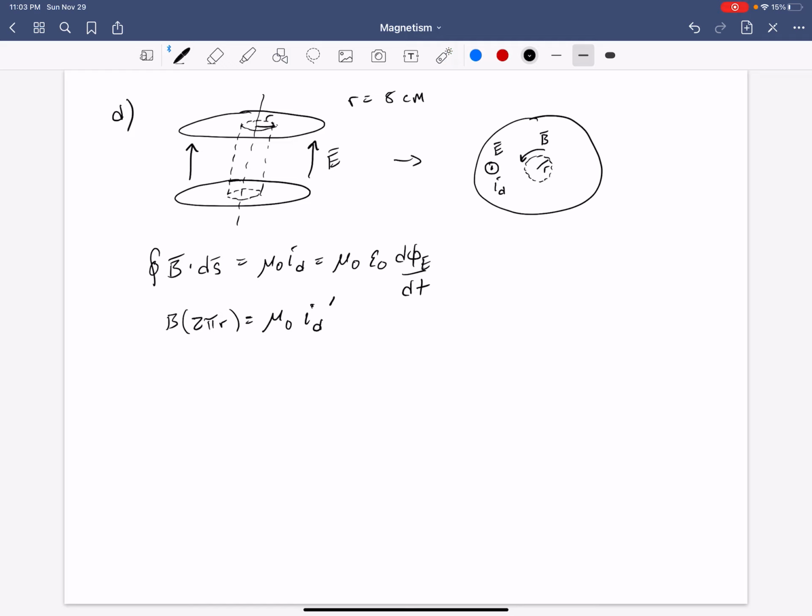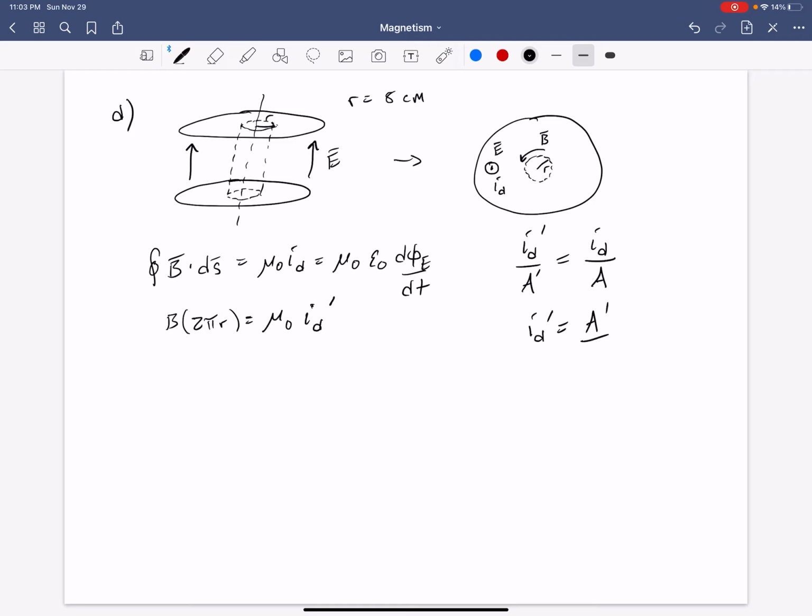So what I mean is that a displacement current I prime divided by the area of that tiny circle is proportionally equal to the displacement current of the entire capacitor over the entire capacitor's cross-sectional area. Right? So primed equals unprimed.